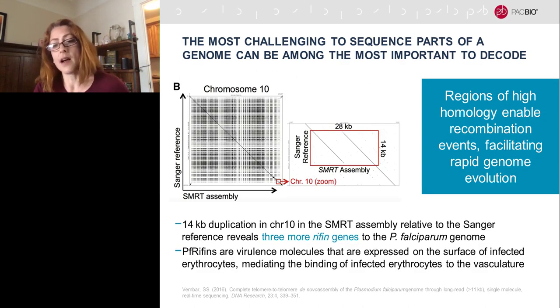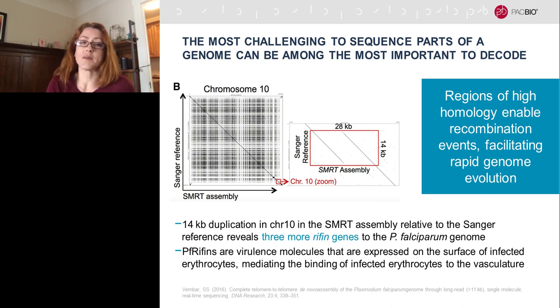So what was the key advantage? One of the things that I think most researchers will understand is that oftentimes those regions of high homology that are so difficult to assemble are often the most important ones to decode, because all of that repetitiveness facilitates genome recombination events and changes.